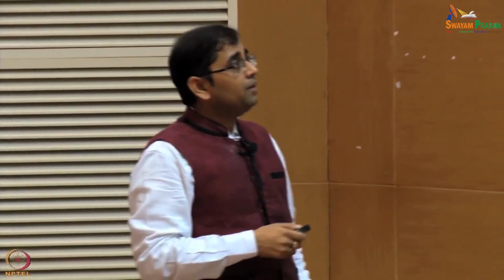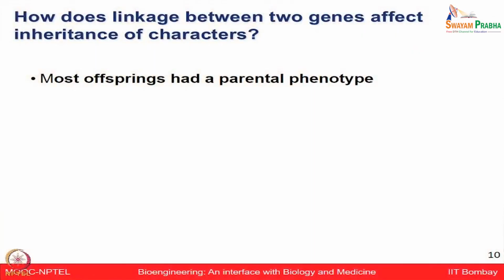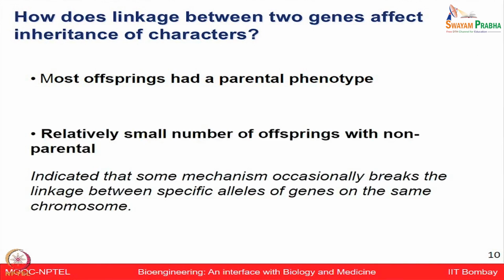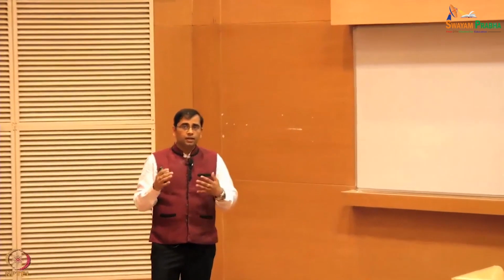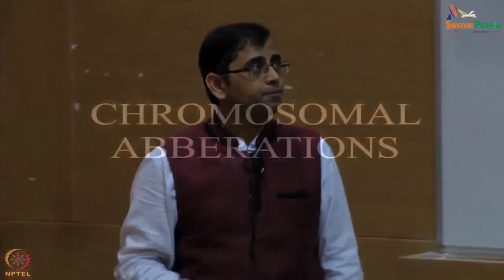So this is where he was looking at the linkage phenomenon, and what he concluded was that most offspring had the parental phenotype, whereas a relatively very small number of flies had the non-parental phenotype, which means that there might be some mechanism which breaks this particular type of linkage, and some recombination events might happen which are transmitted from one generation to the next, which usually happens during the meiosis process.